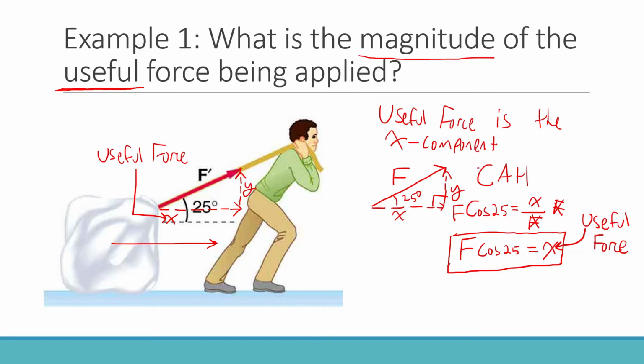So there's another use of vector components, is that we can use this to figure out which part of the force is actually useful. It'll actually turn out in the next unit, this will become quite important. So being able to figure out which force is actually being used, that will become important in the next unit. All right, on to the next example.